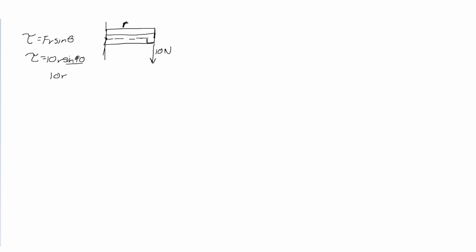So something we should understand is that if theta is not given, like we did here, we're going to assume that it's 90. So obviously, if theta is 0, let's say we have a rod and we just apply a force along it like that, our theta is 0, and so we have no torque because sine of 0 is 0.